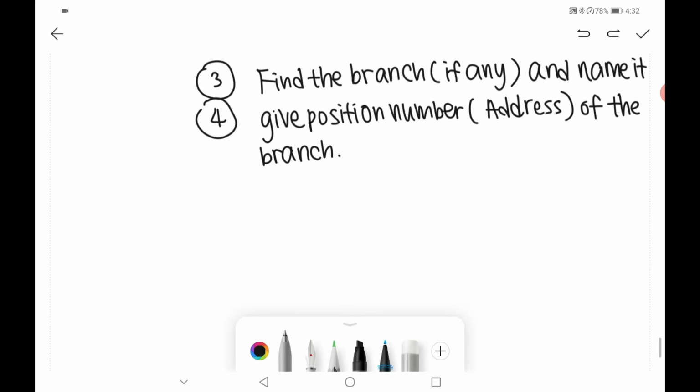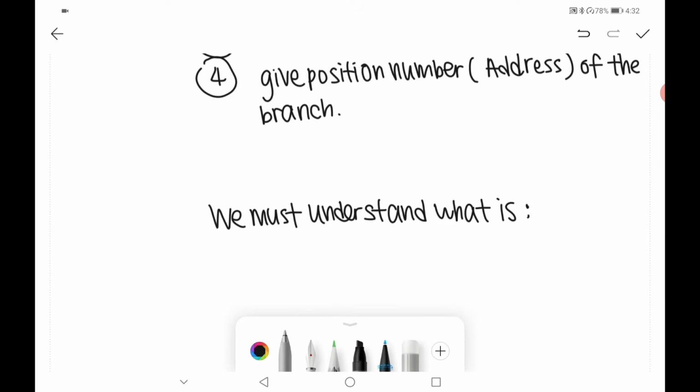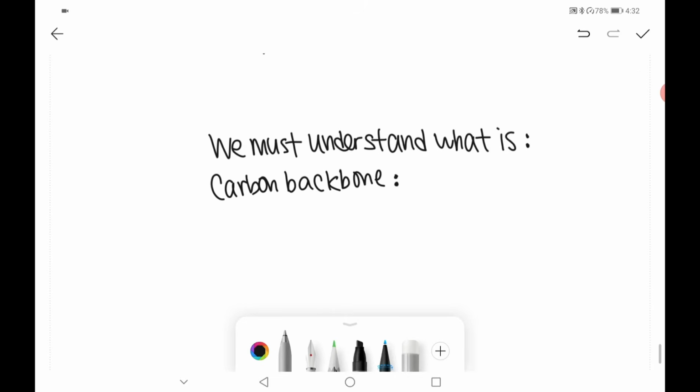Let me show you some concepts first. What do we mean by the carbon backbone and what do we mean by the branch?